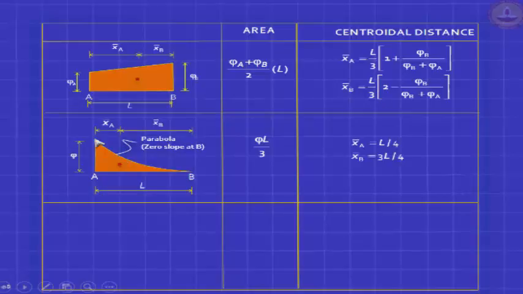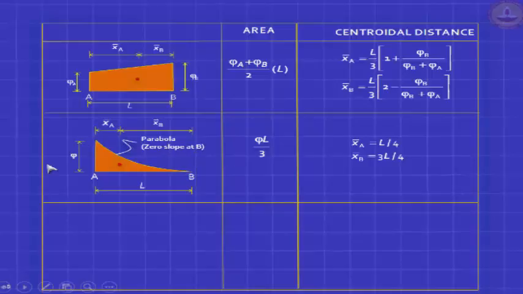But you can also use this, which is important. If you have a parabola like this, a typical bending moment diagram you get in a cantilever AB subject to a UDL, and you divide the bending moment diagram by EI, you get a curvature diagram. You will find that the area of this parabola with a zero slope at B is always going to be 1/3 the area of the equivalent rectangle.